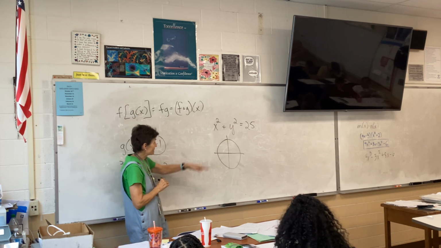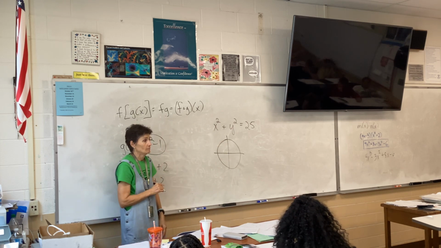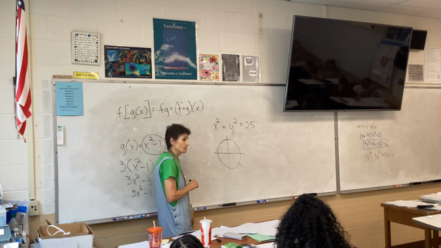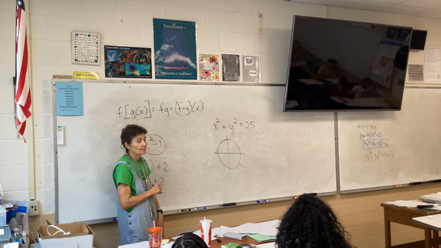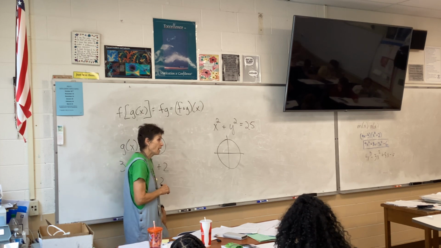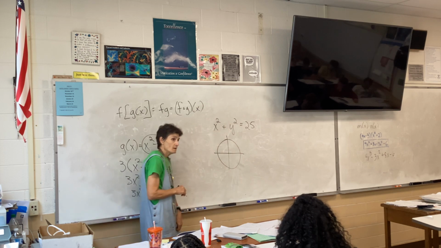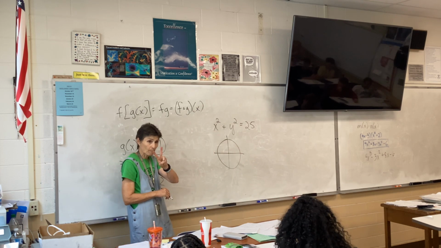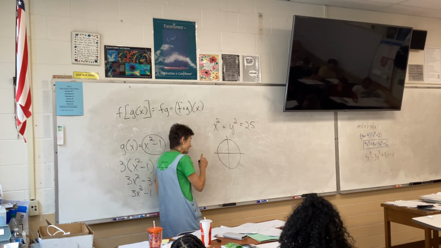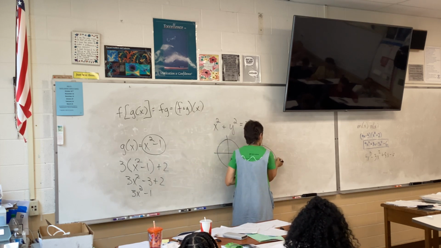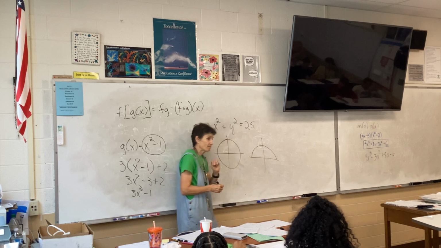Now, is that a function? No, that's not a function. How come? Doesn't pass the vertical line test. So, how am I going to graph that on my calculator? Well, you're going to have to graph it as 2 separate parts. If I could somehow graph the top half of the circle, would that be a function?